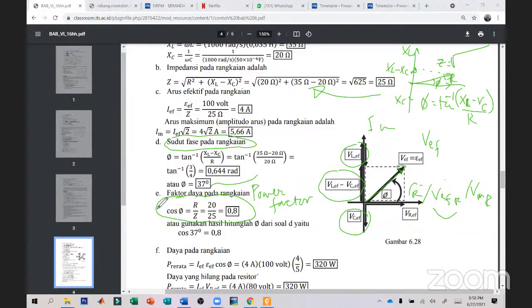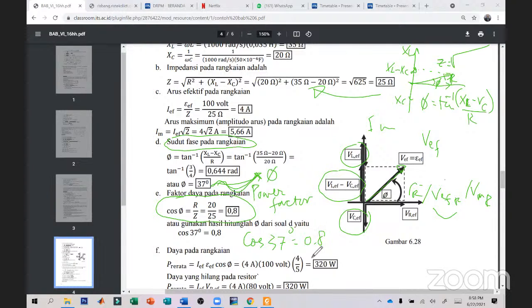Cos phi equals R per Z. But you can also express cos phi directly if you already have phi here. So cos phi is also cos 37, because you have phi before, yeah. 0.8.